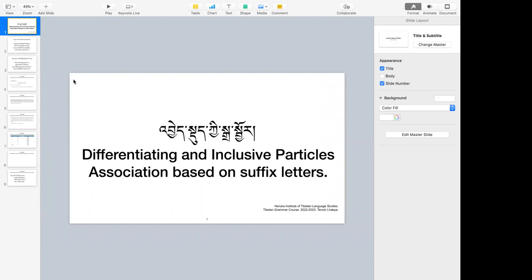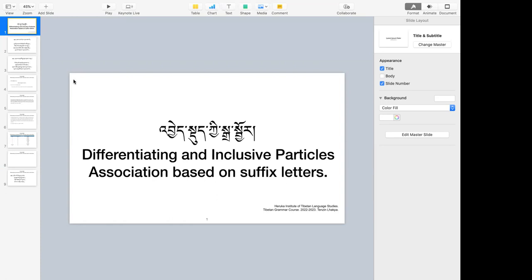Every time we study any of the particles, we start with the introduction, and then we go to the association based on suffix letters, and then finally we go to the usage case, which is the more difficult one. And when it comes to usage, it is the more important one.